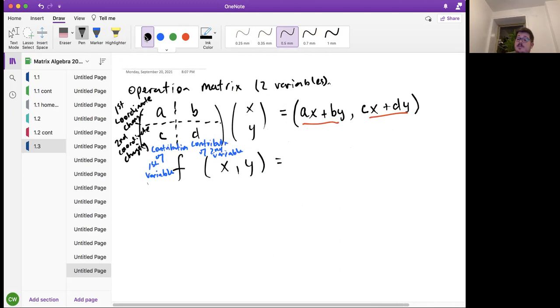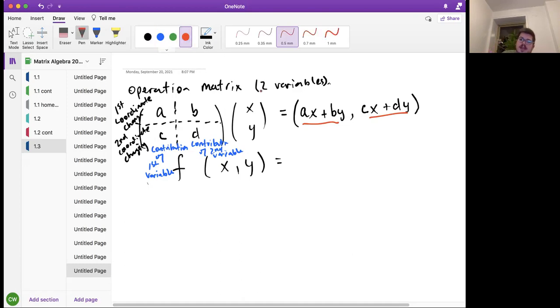Okay, so let's think about what these matrices look like for the various functions that we described. But first of all, does anybody have questions on what all that means? There are 4 components going on in a linear function of 2 variables, which I think is 2 squared. It's how the first coordinate is changing and how the second coordinate is changing, and there are 2 things that contribute to the change: how much weight is assigned to the first variable and how much weight is assigned to the second variable.